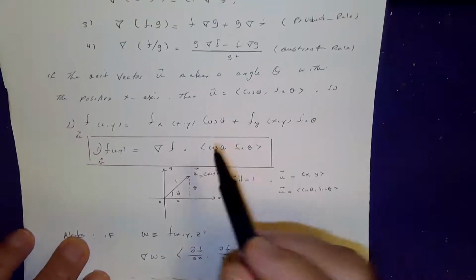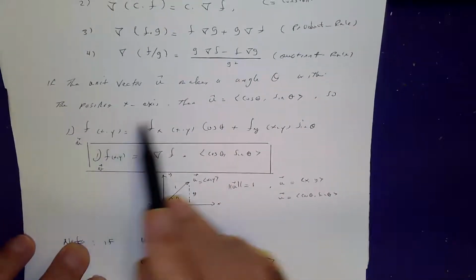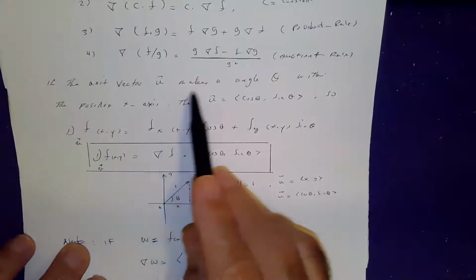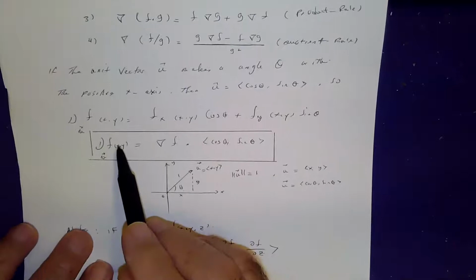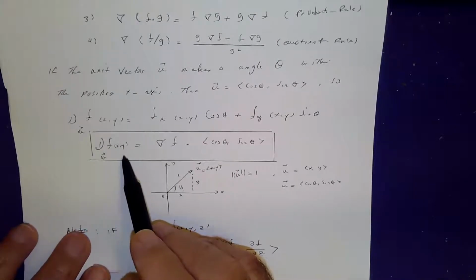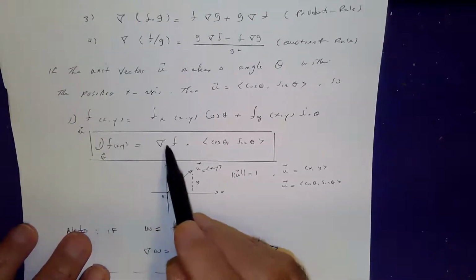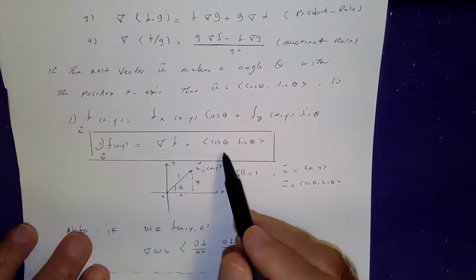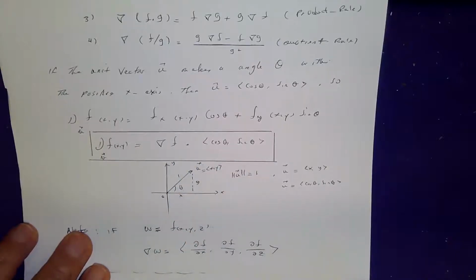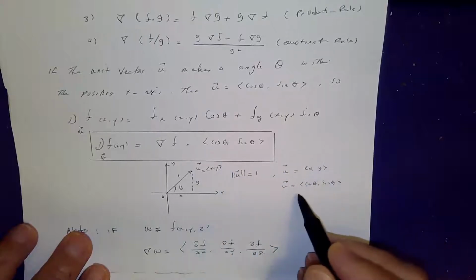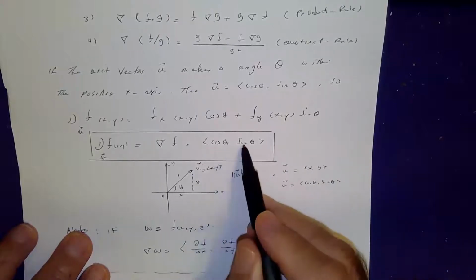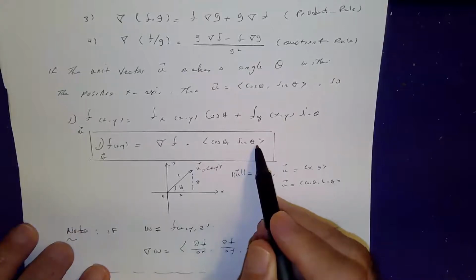So therefore, in case you know what angle u makes with the positive x-axis, then the rate of change of the function with respect to u is the gradient of f dotted with the unit vector, but the unit vector in this case is (cosine theta, sine theta). Do you see it?